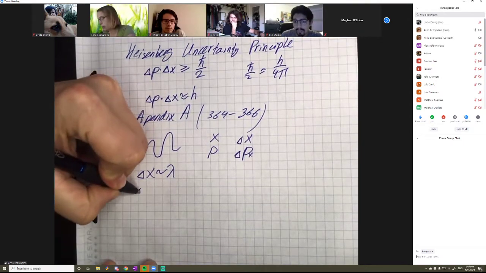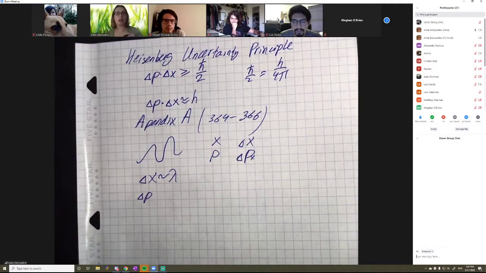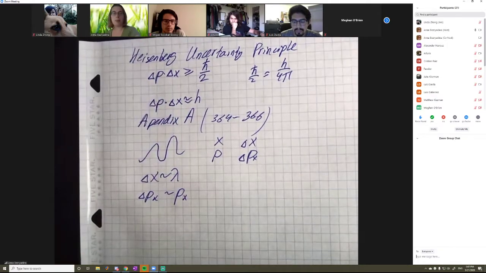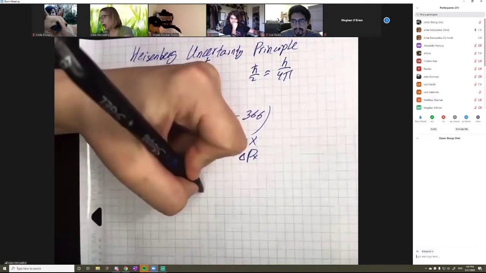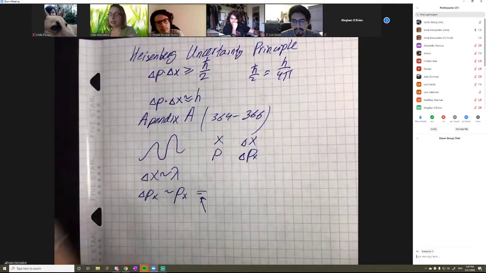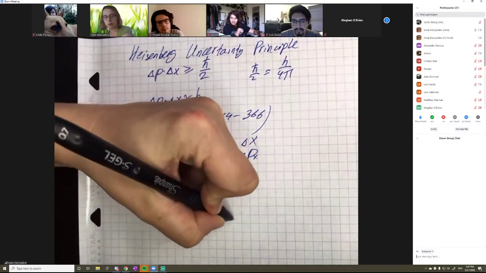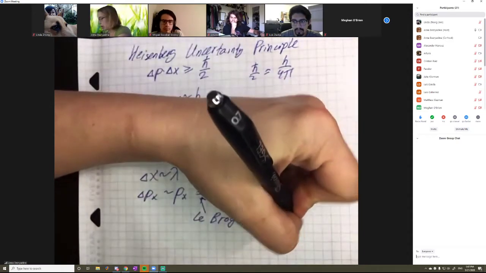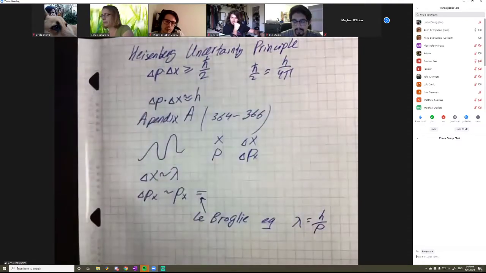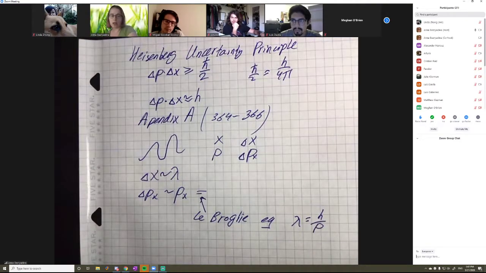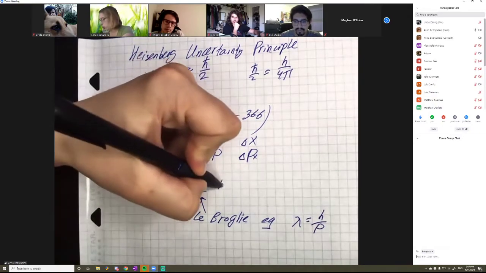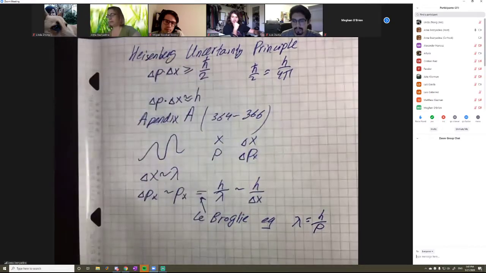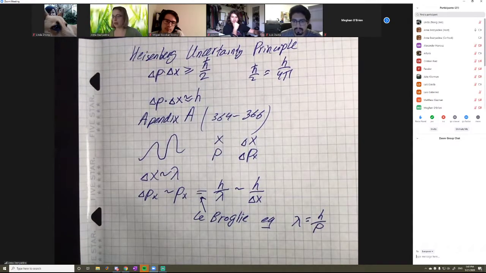In this case, we can say that our accuracy to measure momentum is roughly equal to momentum itself, and then we can apply the de Broglie equation, which is lambda equal to h over p, and we can write down that p x is equal to h over lambda, which is roughly equal to h over delta x. And from here we can do that.